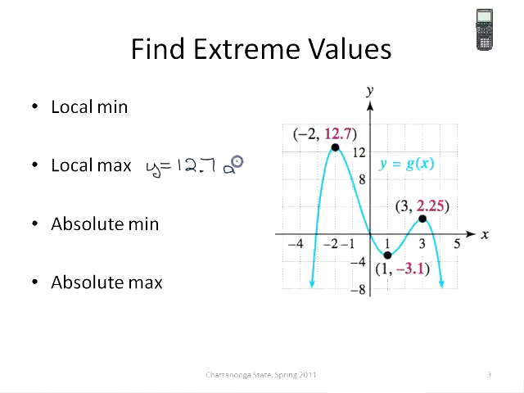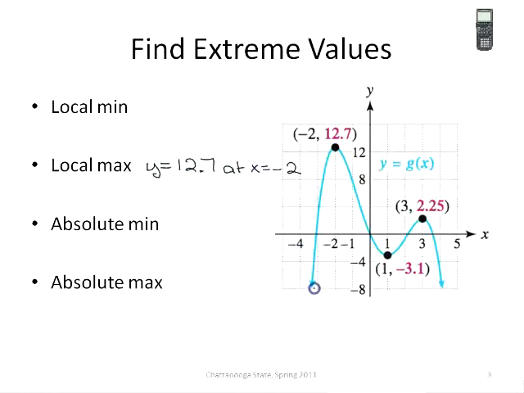Now, it's also helpful to tell where that happens. That occurs where the x value is -2. So the maximum is actually 12.7. Where that happens is where x equals -2. Now, I may also notice that this point is the highest point on the entire graph.